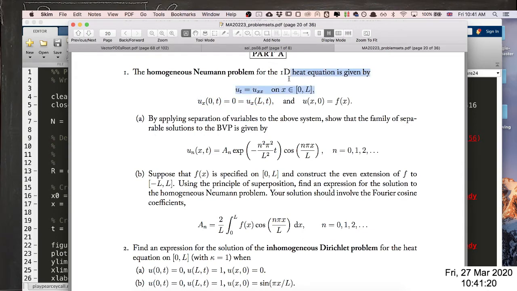This is equivalent to basically capping your bar. So you've taken a bar of length L and you cap it with an insulating material that doesn't allow heat to flow out or in from that. It's like thinking, you know, you've capped it with rubber, for instance.